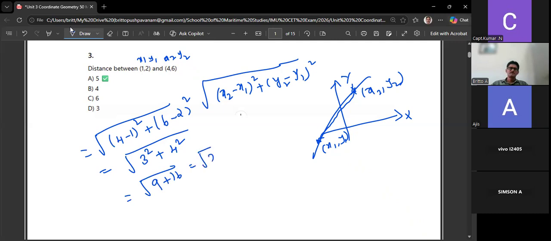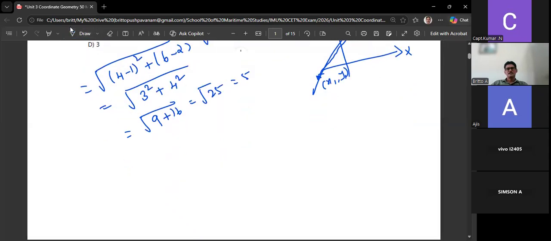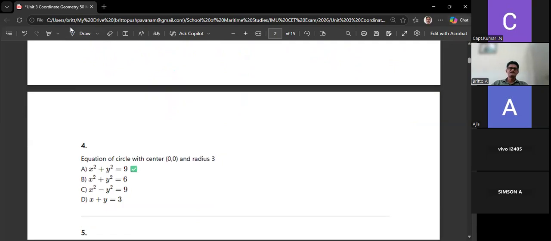So square root of 25, which is equal to 5. Right? So the correct answer here is what? 5. 5 is the distance between the 2 points. Points are 1 comma 2 and 4 comma 6. Okay, right. Now we move on to the next question.